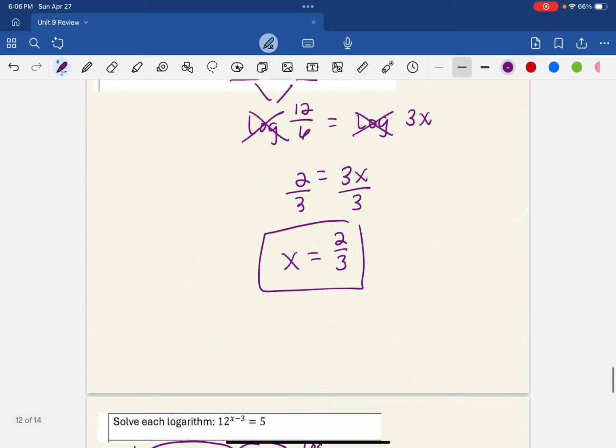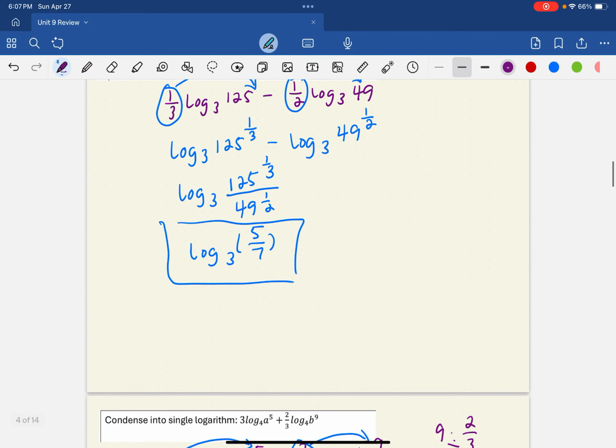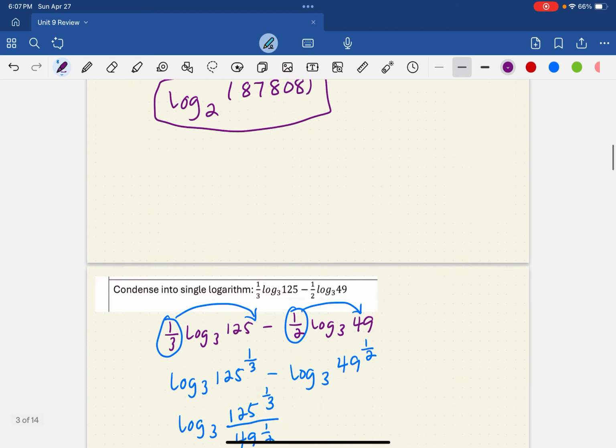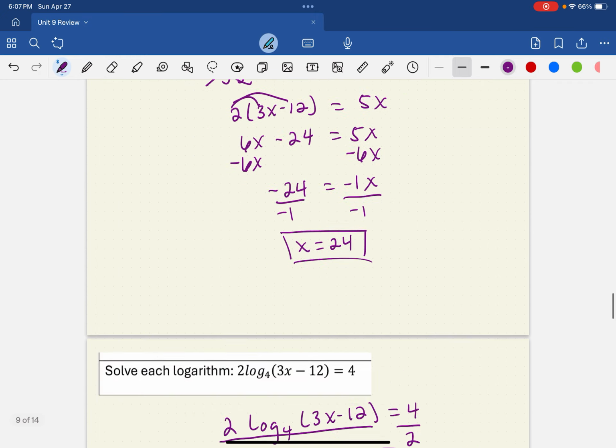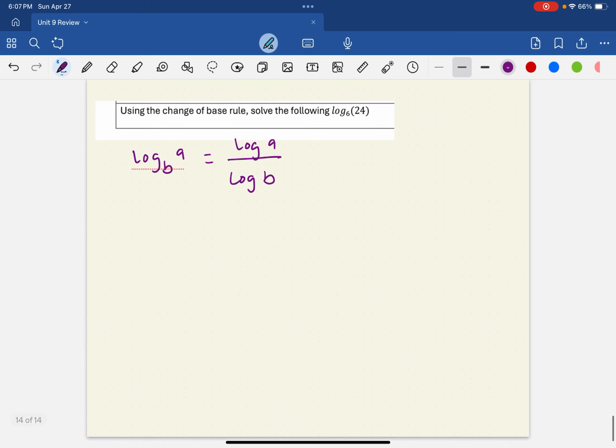And let me just double check that. Make sure I'm not saying this formula the wrong way. So change of base, log base B of A, log A over log B. Yeah. Okay, that's why it's really important that you write down the rules and you're good to go.